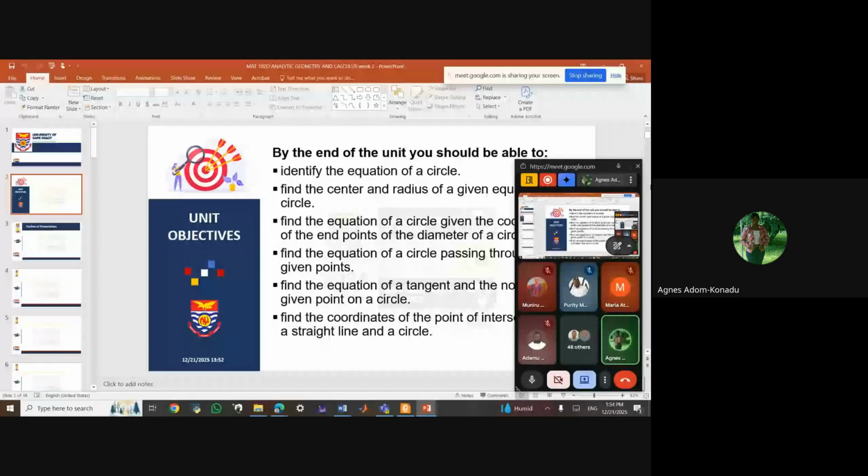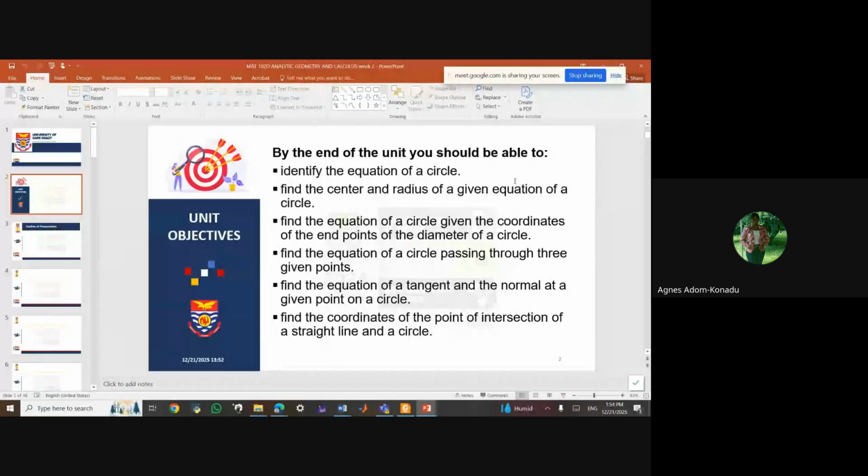By the end of this section, you should be able to identify the equation of a circle.